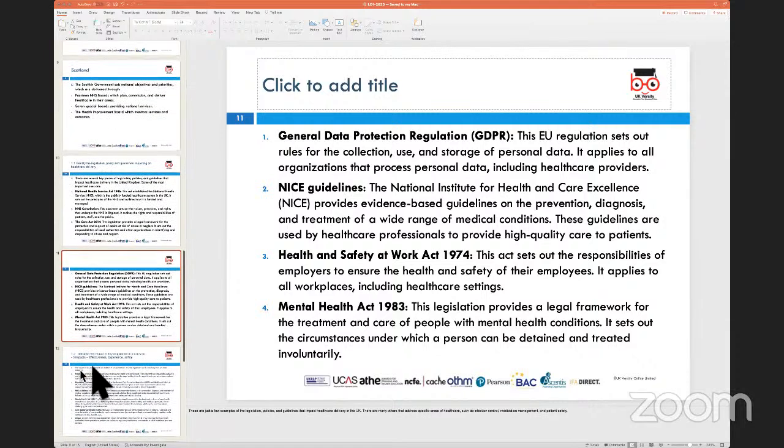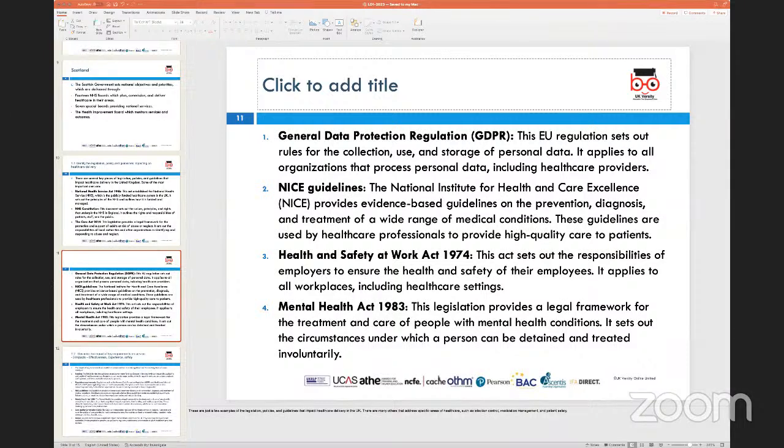The third one that we talk about is the Care Quality Commission, CQC. I'm pretty sure that most of you have come across this particular word, CQC. The Care Quality Commission is an independent regulator, outside the government but appointed by the government.